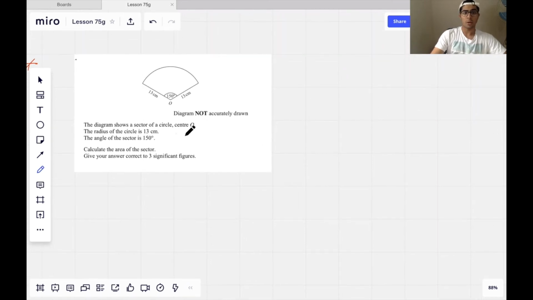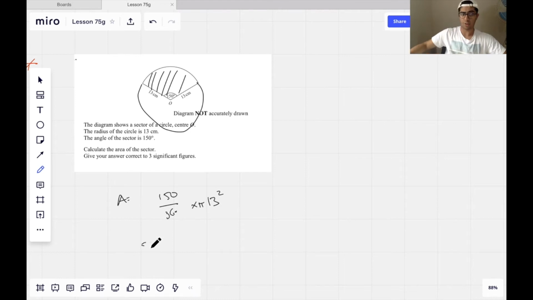If we think about a full circle, the radius is still 13, of course. We think about the fraction this is of the full circle, and clearly the fraction is 150 over 360. So the area will equal 150 divided by 360 times the area of the circle, which is pi r squared, so pi times 13 squared.